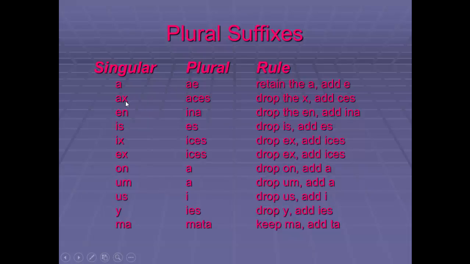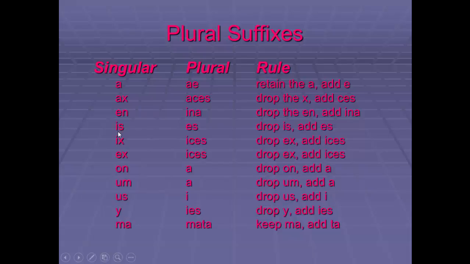For the singular word ending in AX, you're going to drop the X and add CES. So for example, thorax: you drop the X and add CES, and that becomes two thoraces. If a medical term ends in EN, you drop the EN and add INA. So lumen, L-U-M-E-N, would then become lumina, L-U-M-I-N-A, to make it plural.